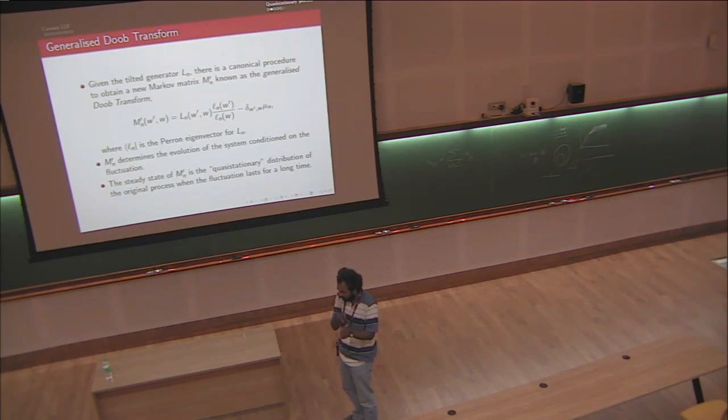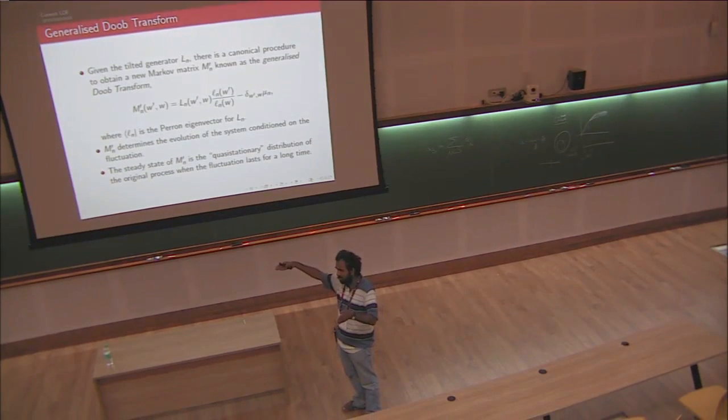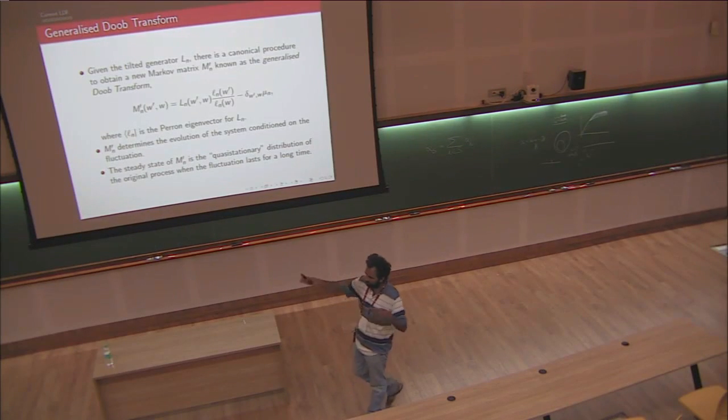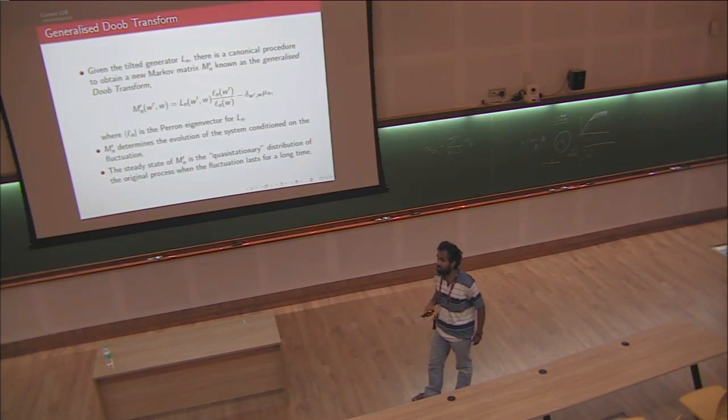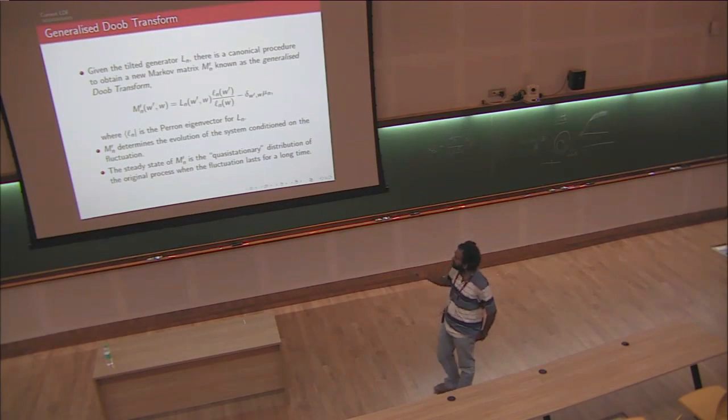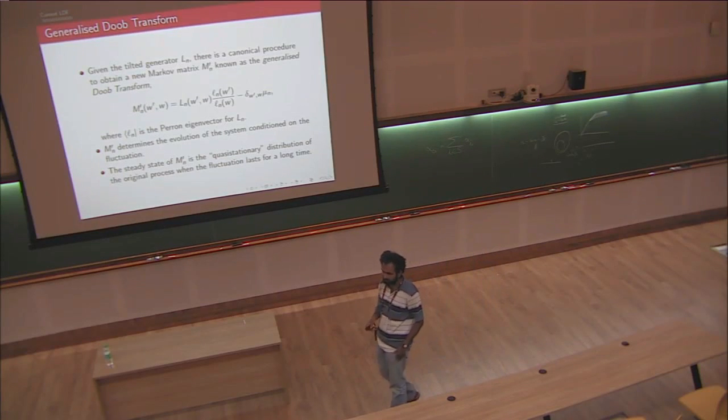Over this time frame, suppose you have this atypical current, then how do you characterize the evolution of the system conditioned on having this atypical current? That's given by this Markov matrix. This is the same thing that you study for some kind of tilting. Yes, that's why it's called a tilt. This Ln is a tilted generator.